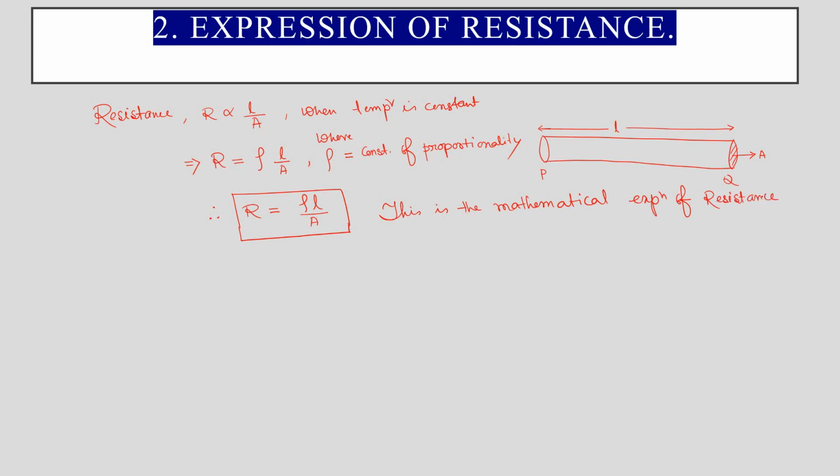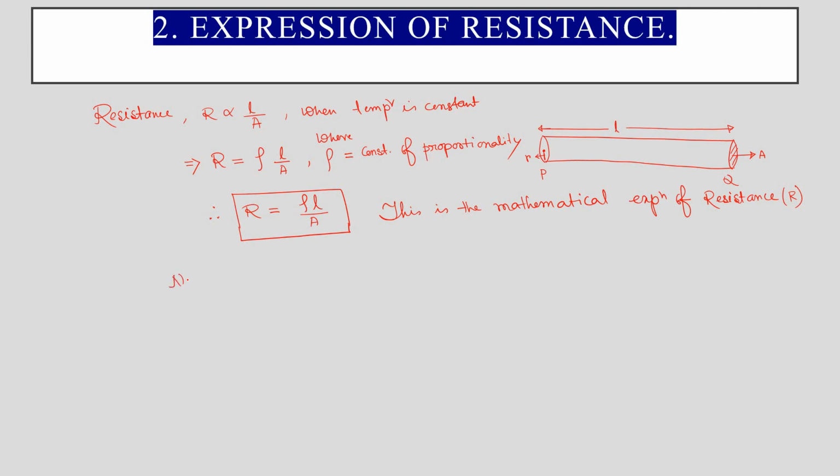Okay, now in our diagram we show a conductor PQ of length L, area of cross section A. Area of cross section is indicated with capital letter A. Since the conductor is a cylindrical one, it has a radius, and suppose the radius is R, and the shape of this cross sectional area is circular, or it's a circle we can consider.